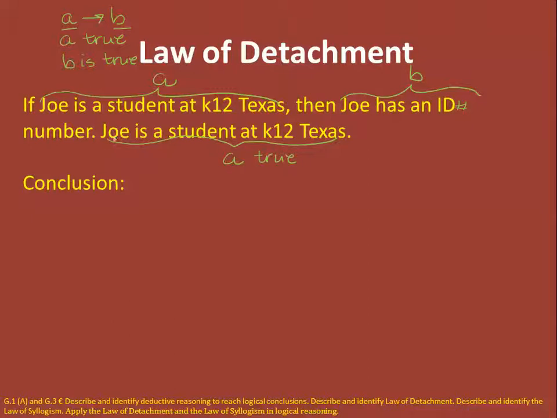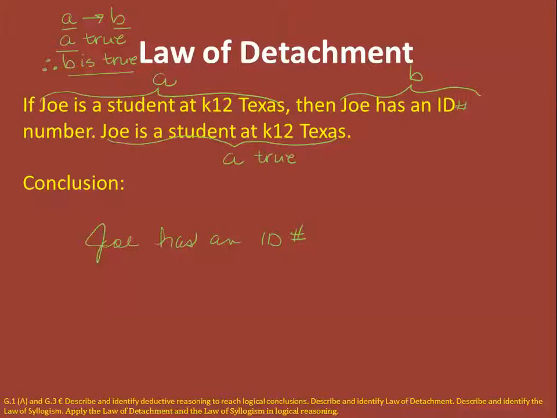Then the statement says Joe is a student at K-12 Texas. That's just repeating phrase A. Therefore, and this is the symbol for therefore, those three little dots, B is true. So my conclusion is going to be that Joe has an ID number.